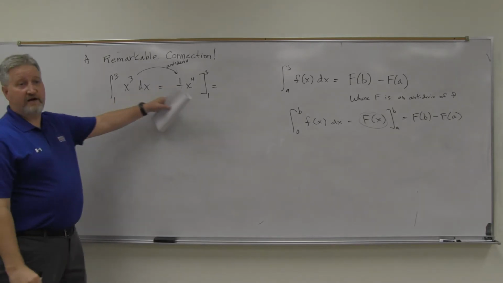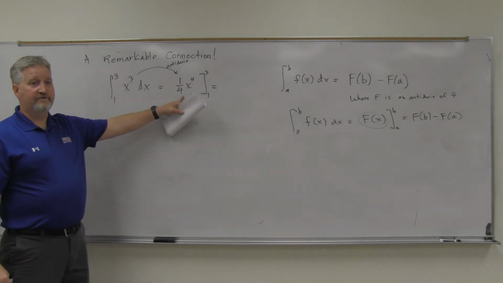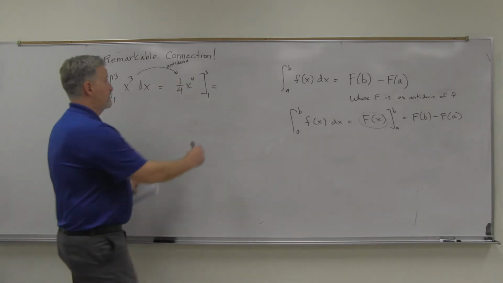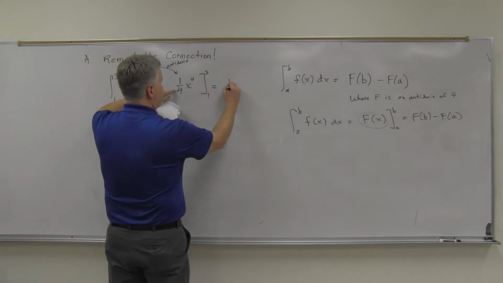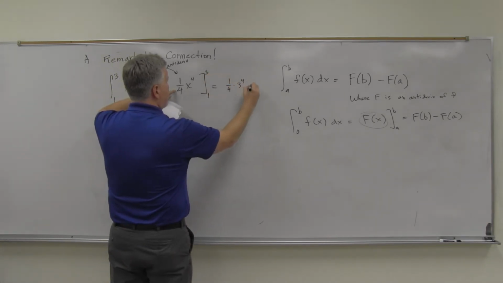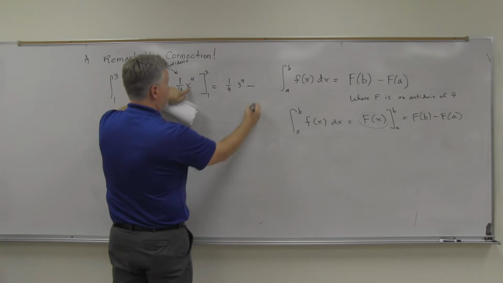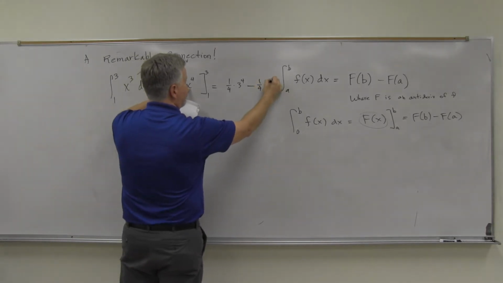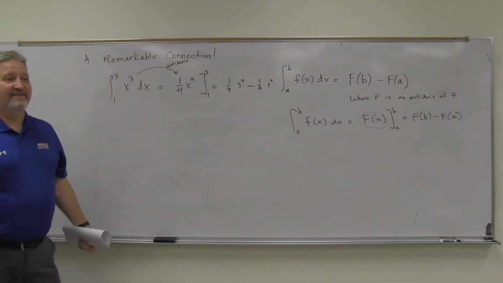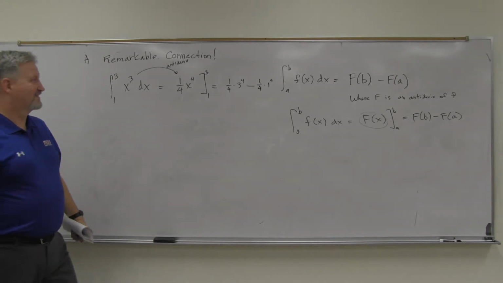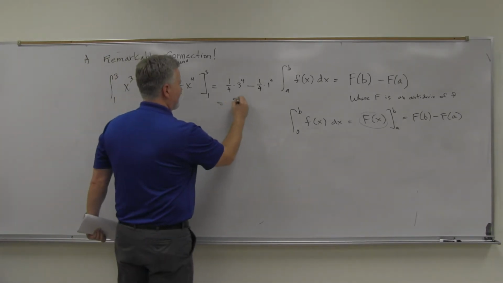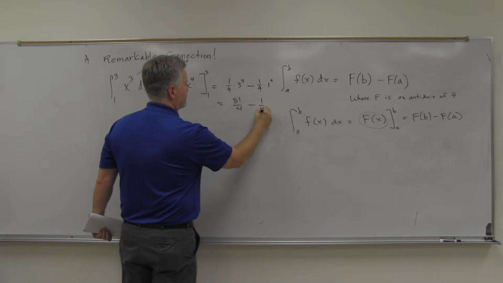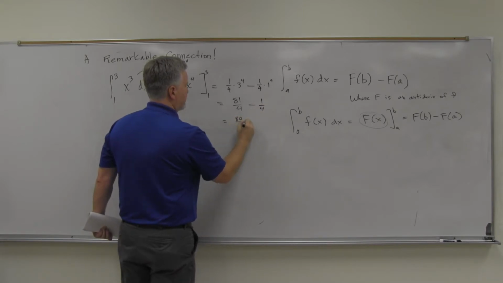So you see what I did there? I just did the antiderivative of x cubed. Then evaluate it from 1 to 3, which means plug in the 3, so it's 1/4 times 3 to the 4th, minus, then plug in the 1, 1/4 times 1 to the 4th. It's 81/4 minus 1/4, which is 80/4, which is 20.